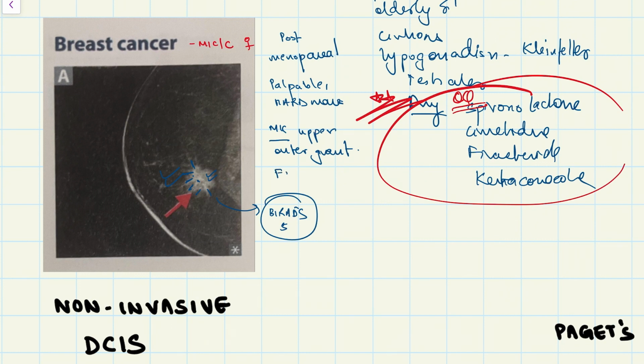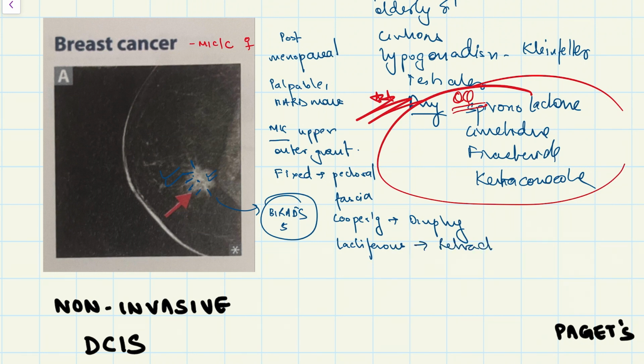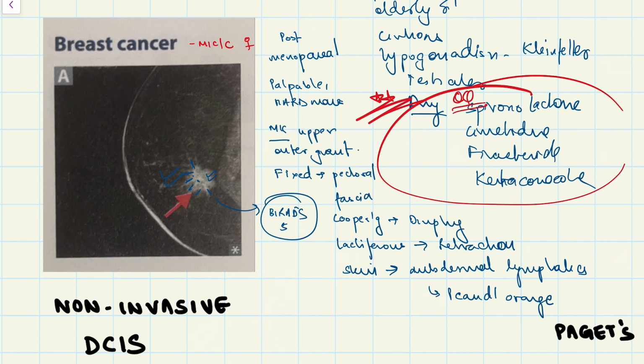Then it can become fixed to the pectoral muscle, the fascia, Cooper's ligament that appears as dimpling, lactiferous duct involvement appears as nipple retraction, and it can be fixed to the skin, where the involvement of subdermal lymphatics leads to the famous peau d'orange or the orange peel appearance.